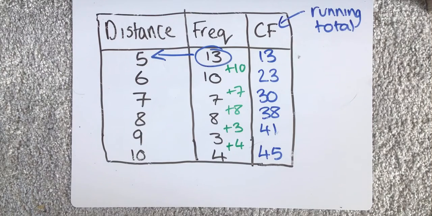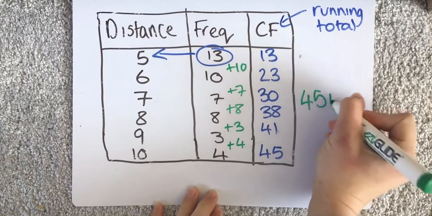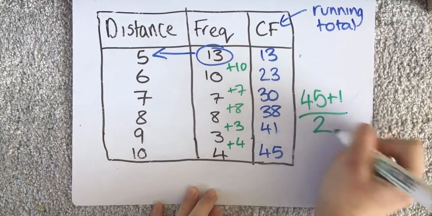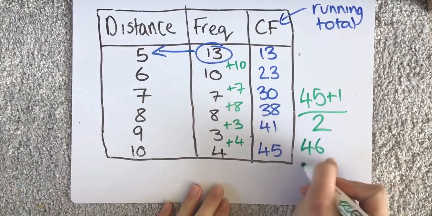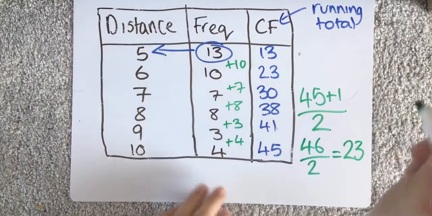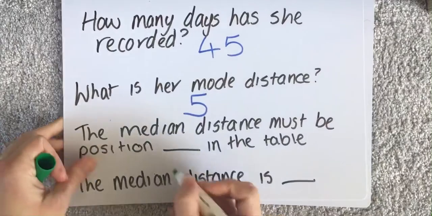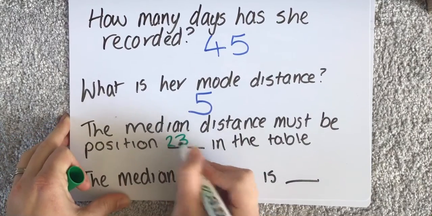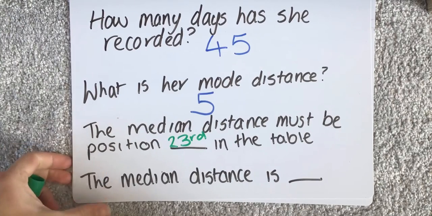To make this slightly more complicated, I'm going to take my total, add 1 and then divide by 2. So I'm going to have 46 divided by 2, which would give me 23. So I am looking for the 23rd position, or position 23.